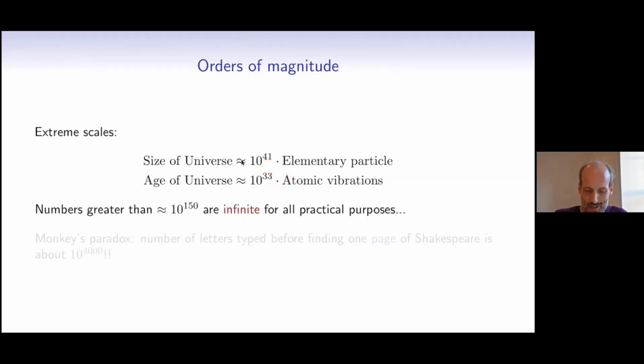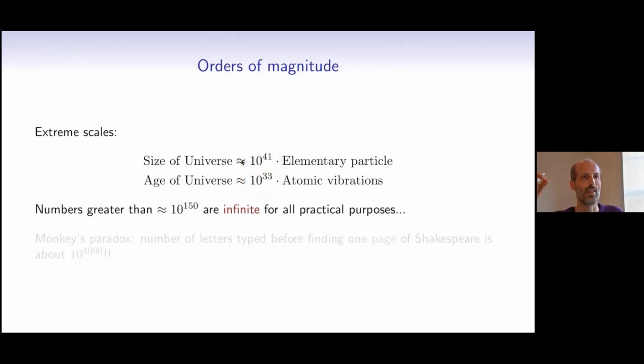And so it means that in some sense, for all practical purposes, anything bigger than about 10 to the 100 something is essentially infinite, right? So how did I come to this 150? It is basically 3 times 40 plus 30, because that's a length scale, and there are 3 dimensions in space. So that gives me about 10 to the 120, and then there's time as well.